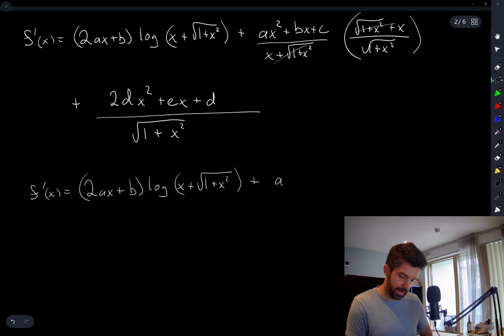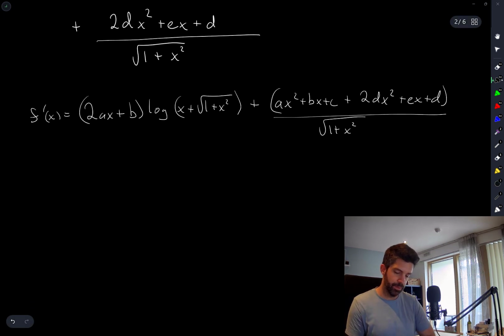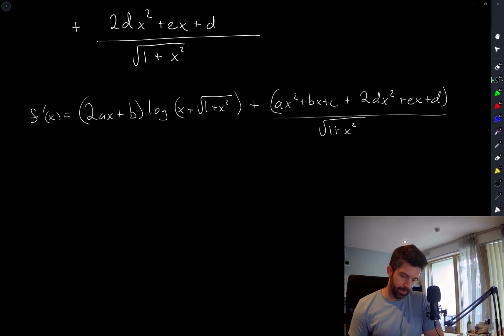So I have ax squared plus bx plus c plus 2dx squared plus ex plus d, divided by the square root of 1 plus x squared.